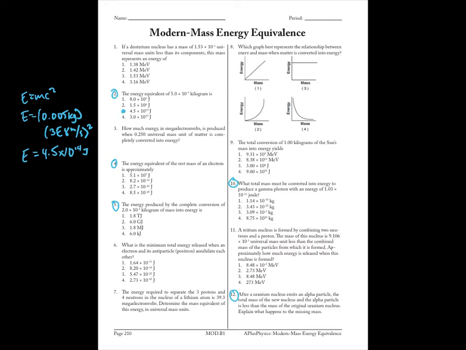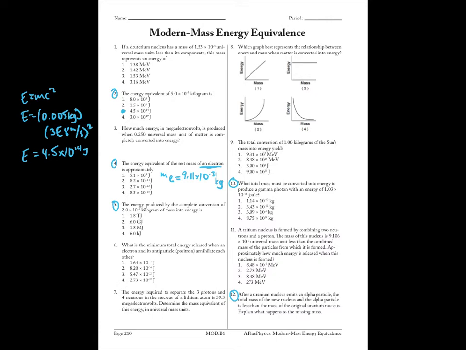Number 4, the energy equivalent of the rest mass of an electron is approximately what? So, mass of an electron, you have to look it up on the reference table. This I'll write for you because I have the reference table in front of me. The reference table says the mass of an electron is 9.11 times 10 to the negative 31 kilograms.